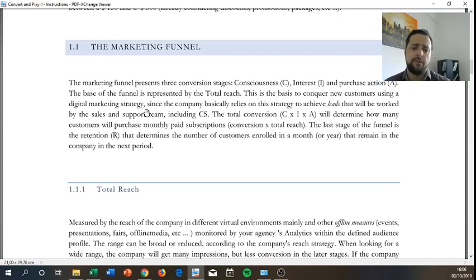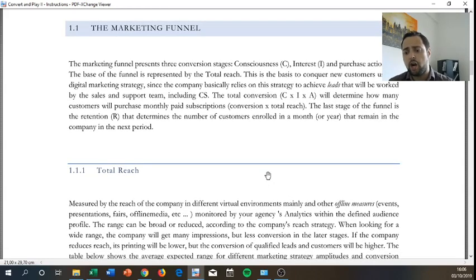The base of the funnel is basically the total reach. The total reach is the number of small and medium-sized enterprises that will see your ads in different media, especially online media, but in some cases also offline measures of your reach.